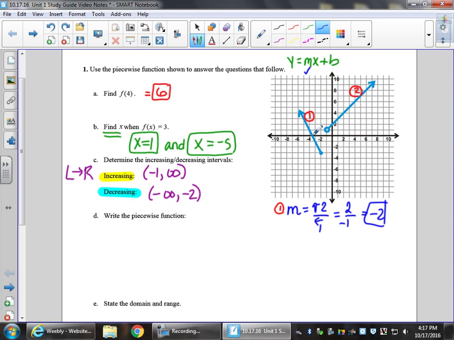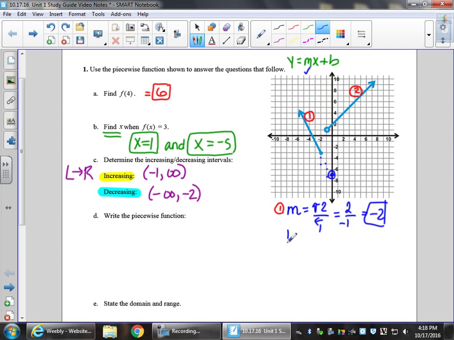Now I need b. Well, I don't see where this piece crosses, and it's a piece. It technically is not. But to get the correct expression, I do need to say what b would have been. So instead of counting up 2 left 1, let's count from here down 2, right 1, down 2, right 1. And oh, check that out. It crosses nice.